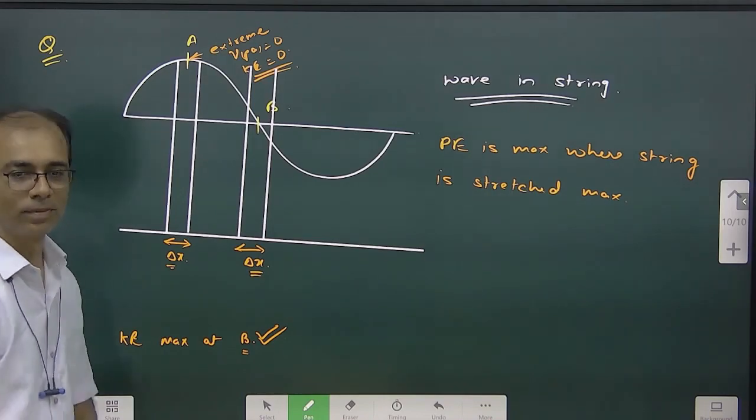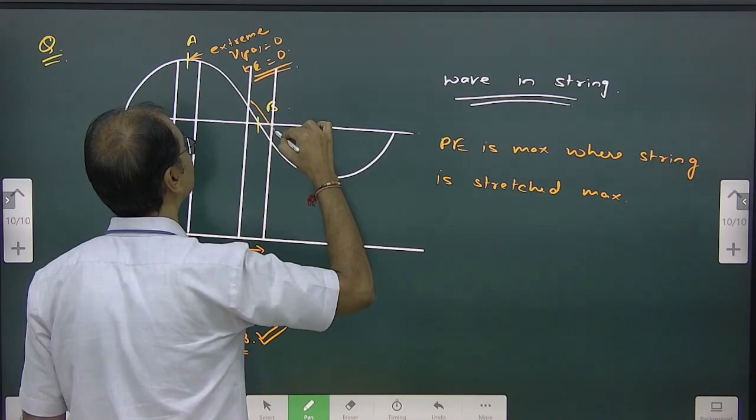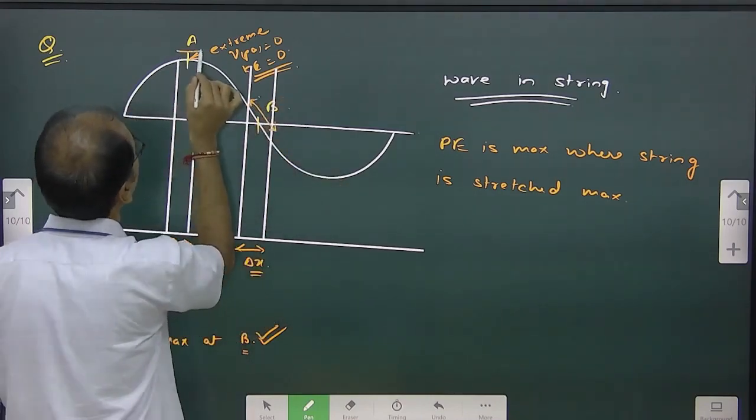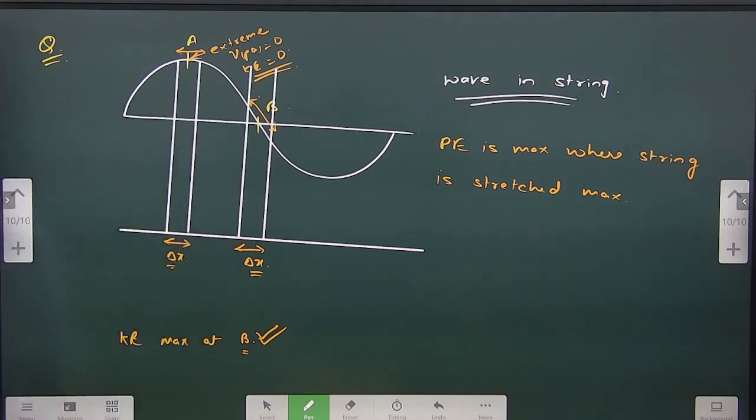This is the length of string in B. And this is the length of string in A. Which is more?